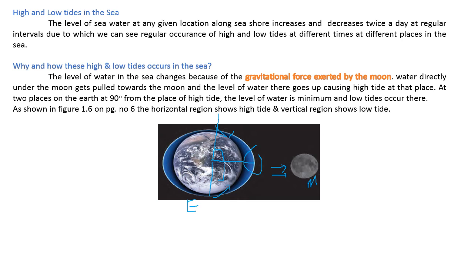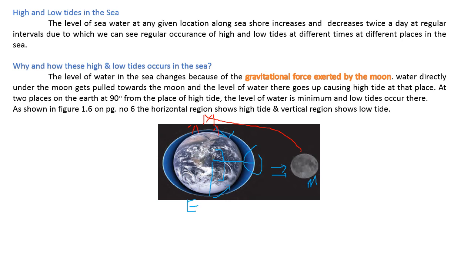Is it clear? Similarly, suppose the moon comes to this position now. One minute. Suppose now the moon is here, at this position. So what happens? The water will be pulled up.